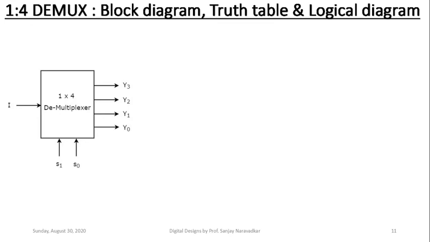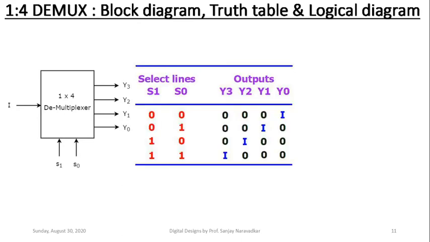Then the development of the truth table in the middle. So here is the complete truth table of the 1 to 4 demultiplexer. Instead of showing it in a gradual manner, it is shown directly. You can observe it. Whenever select lines S1, S0 are 0, 0, it clearly means that the Y0 output line is to be selected, to which the input I will be straightway steered, that will be straightway connected.